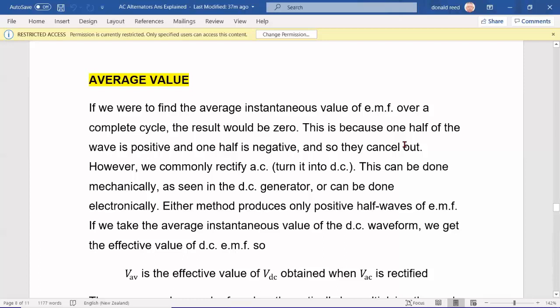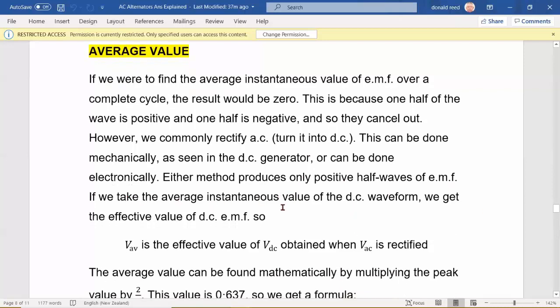So the positive minus the minus, and it cancels out. However, we commonly rectify alternating current, we turn it into DC. This can be done mechanically as seen in the DC generator, or can be done electronically. Either method produces only positive half waves of EMF.